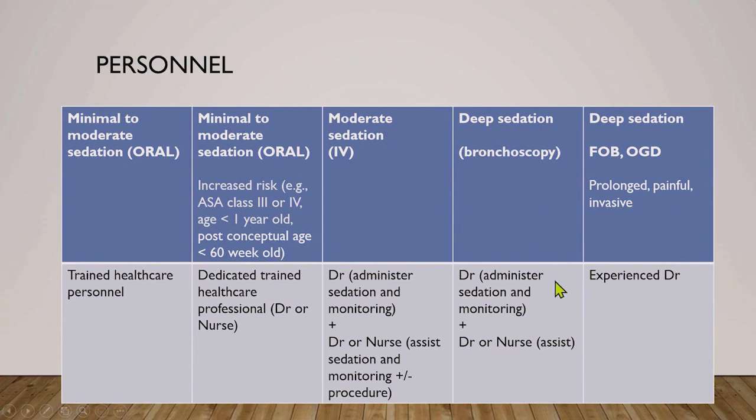One is the doctor administering the sedation and also monitoring. Another is the doctor or nurse that assists the sedation. And the 3rd personnel present should be the one performing the procedure. So in case of deep sedation, the person performing bronchoscopy should not be the one also administering the sedation. You need to have a separate personnel to monitor this deep sedation.